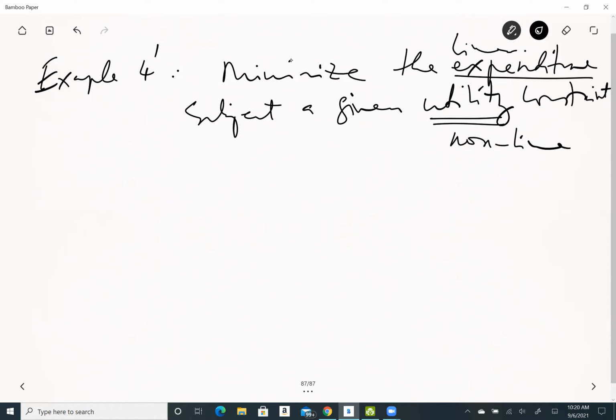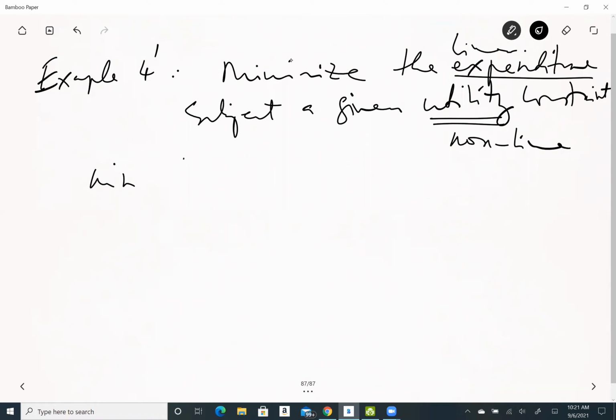By doing so, you have to switch the constraint and the objective. So the constraint becomes the objective, and the objective becomes the constraint.